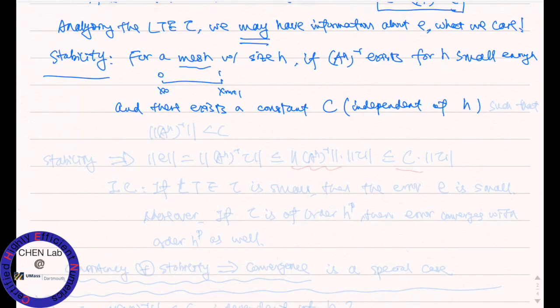So you can use more elements, more grid points, your h gets smaller, but this C does not change. If you can find such a constant such that the A_H inverse matrix norm is less than C, then we say this scheme is stable.